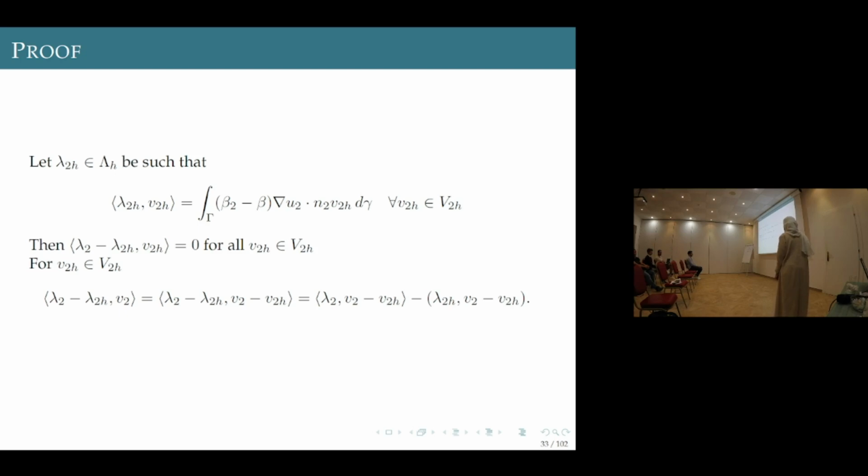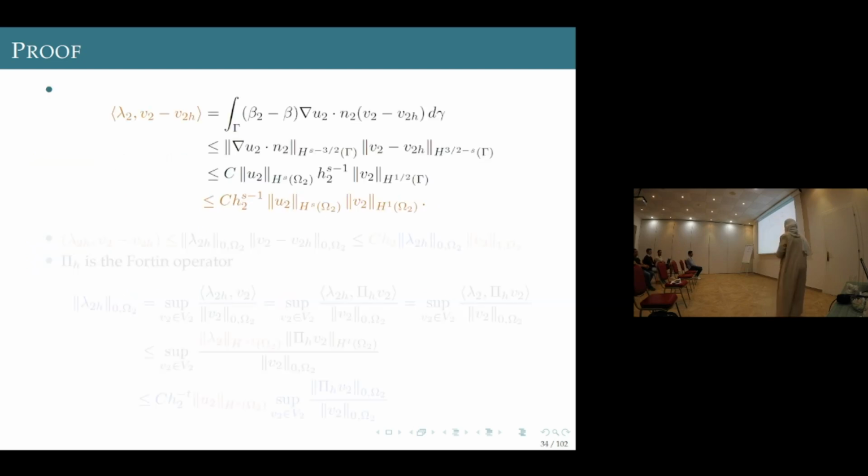Obviously, this one is discrete, so I can replace the duality by the L2 scalar product. I will deal with every one of them alone. So the first one, the duality between lambda 2 and V2 minus V2H, is this integral in here, which is bounded, again with the same argument, by the H^(S-3/2) norm at the interface of the normal derivative of the gradient of U2 and the H^(3/2-S) norm of V2 minus V2H.